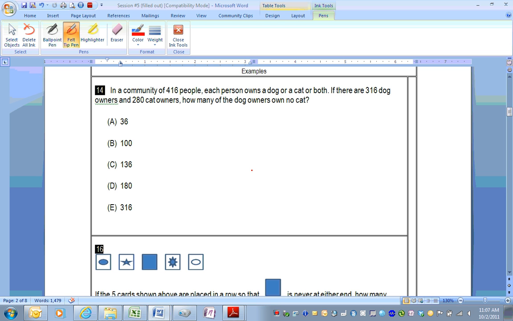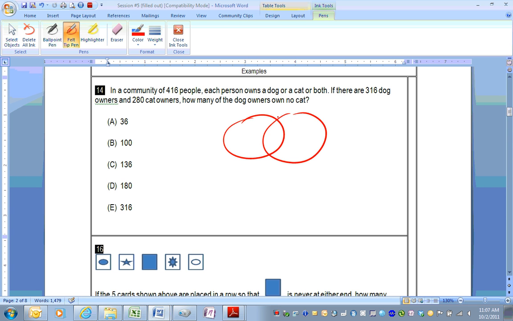Does anyone have an idea how to go about number 14? Have you guys seen this before? What's that? Venn diagram.